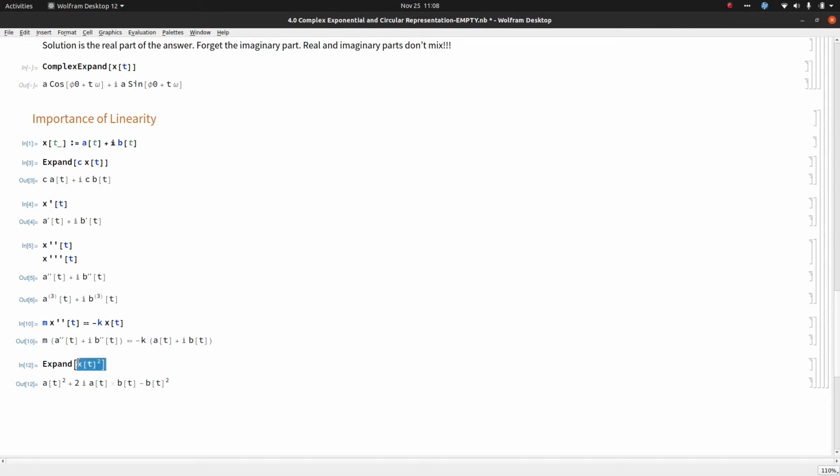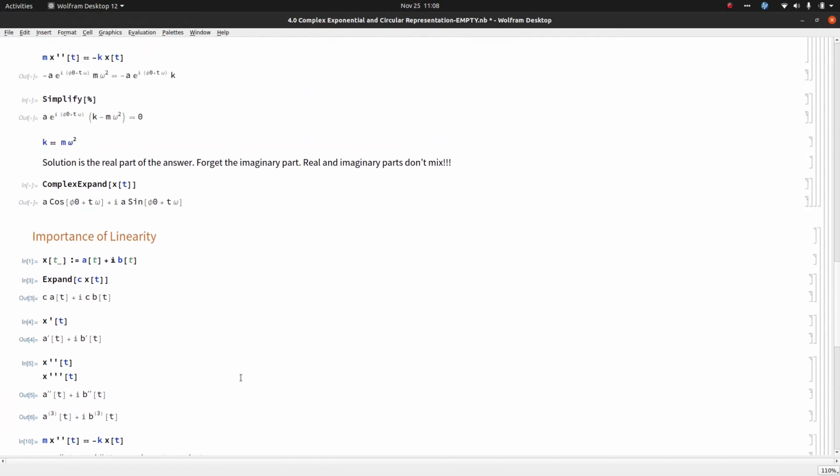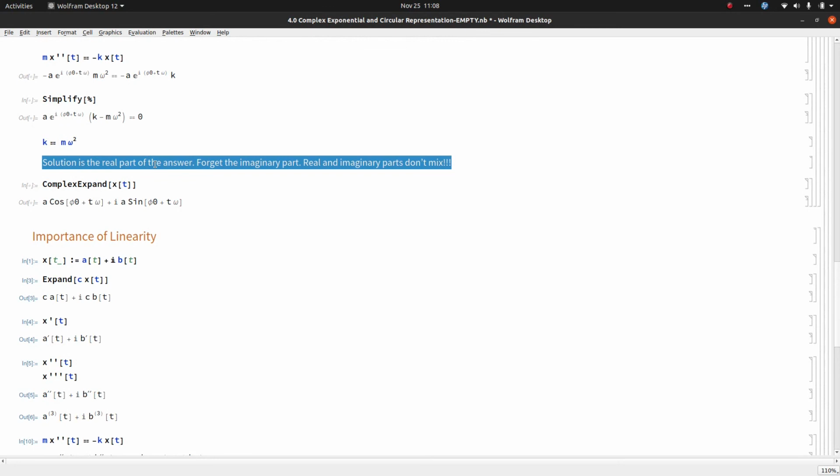But as soon as you start squaring things or cubing things or doing anything that's not just a linear, x to the first power, you start running into problems where your real and imaginary parts start to mix. And then you can't really use this trick anymore. You can't just say, I'm going to plug in e to the ix and just take the real part, because the real parts and the imaginary parts are going to get all messed up and intermingle.